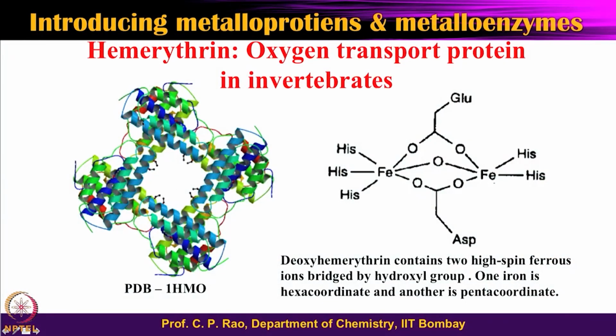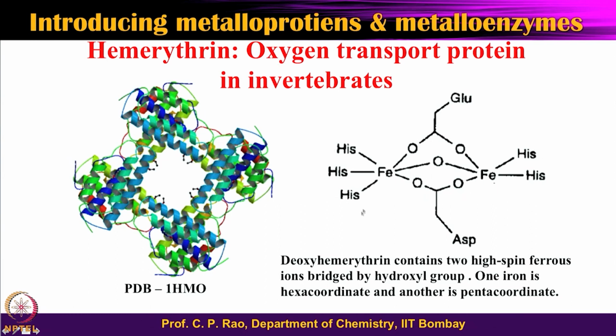Let us look at this and you see that this is the total protein, and protein is stretching 1, 2, then 3 and then 4. It is a kind of a tetramer. So, it is a tetrameric kind of a protein, and in each unit you have this di-iron center. Okay. So, in the hemerythrin you have a di-iron center.